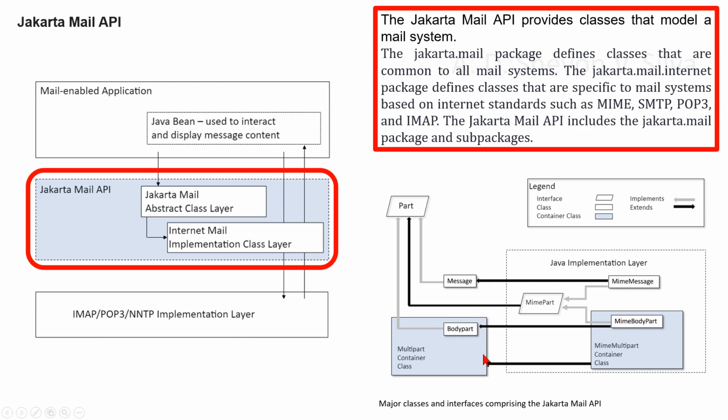This figure shows major classes and interfaces comprising the Jakarta Mail API. The message class is an abstract class that defines a set of attributes and content for a mail message.